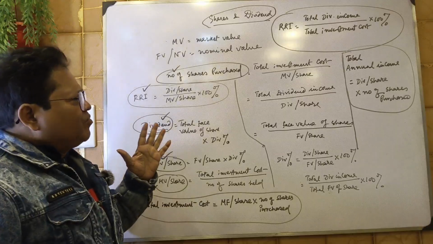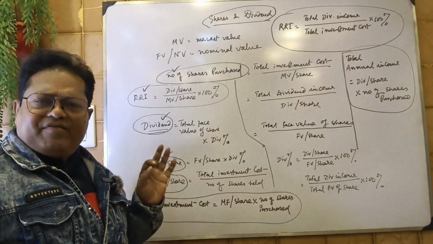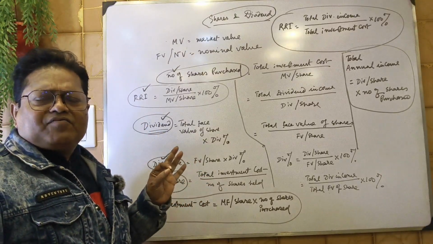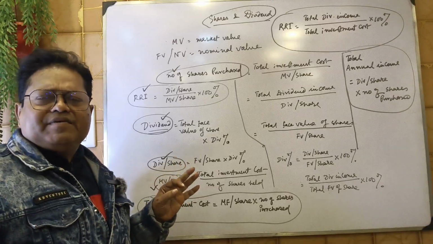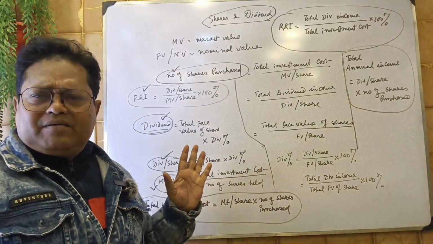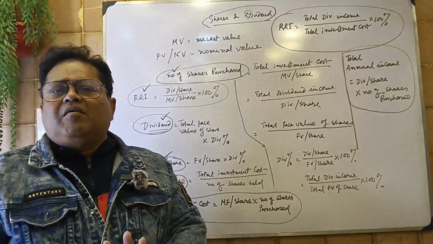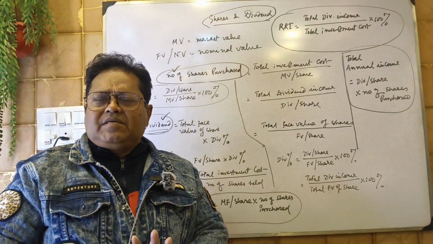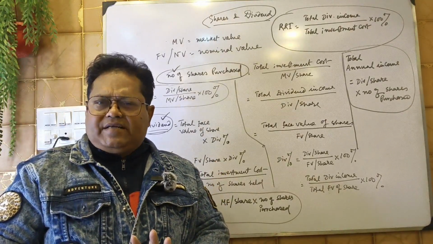Here on this board, I have written everything which is required to do the sums in shares and dividend. So it is up to this. Next time I will bring more important sums relating to shares and dividend.